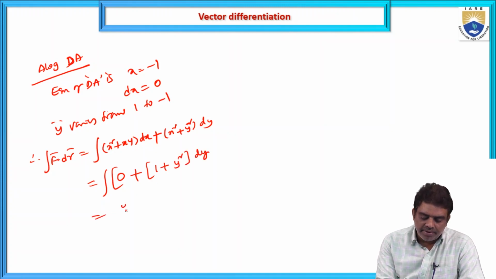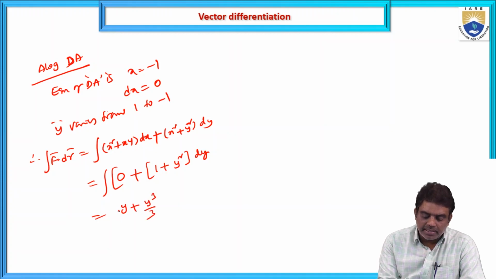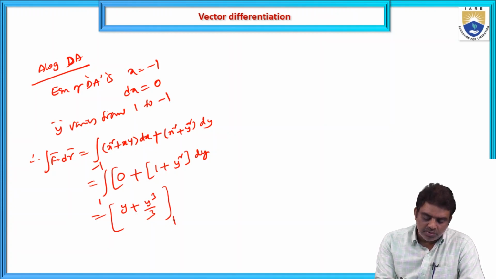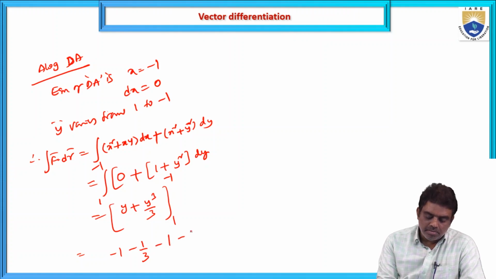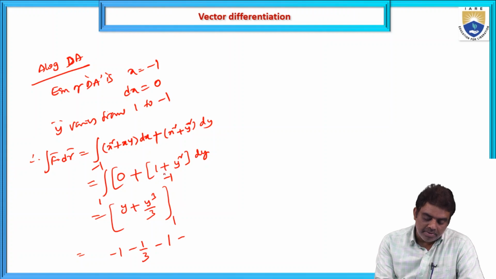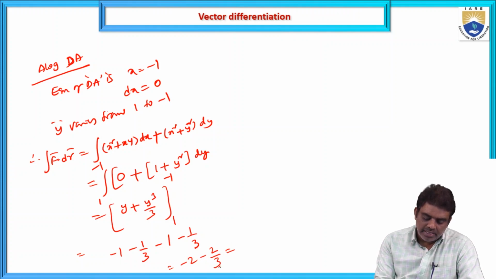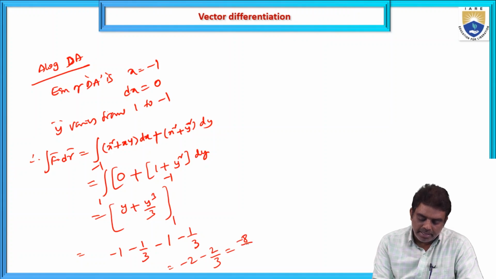That is the integral of dy plus y square, giving y cube by 3, with y limits 1 to minus 1. Upper limit minus 1 by 3, lower limit minus 1 by 3. That is minus 2 by 3, or minus 6 minus 2, minus 8 by 3.